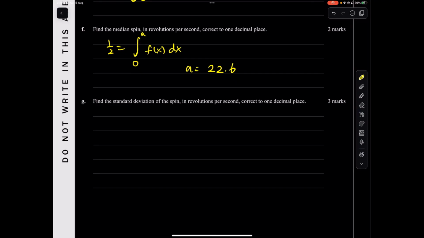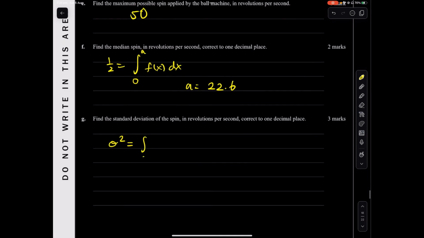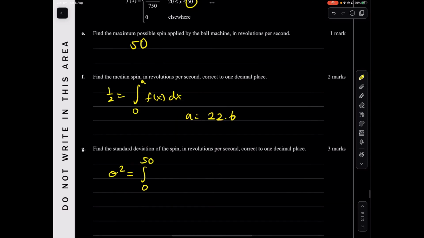So, for the variance, we know that the variance is the integral from 0 to 50 of x minus your mean value squared times f of x dx, yes?